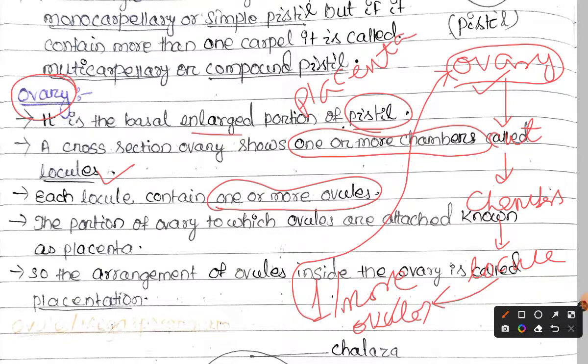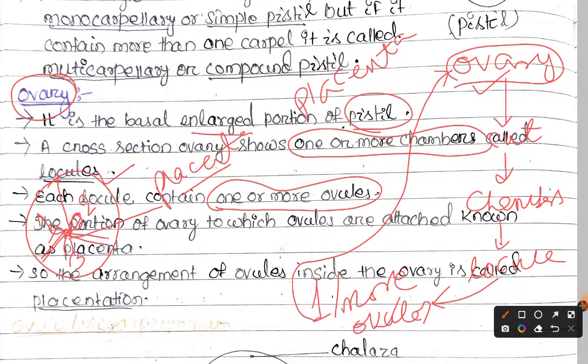Just imagine the ovarian chambers: this is 1, this is 2, this is 3. These three are known as locule, and inside the locule, ovules are present. Here the ovule is attached with the ovary wall, and this wall is known as placenta.